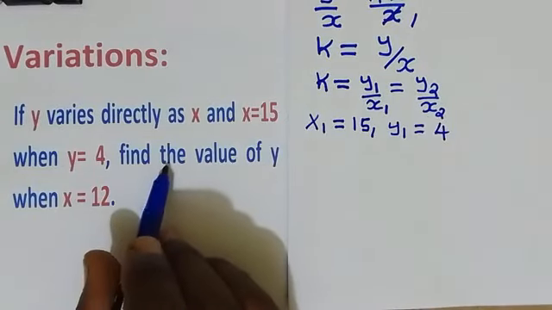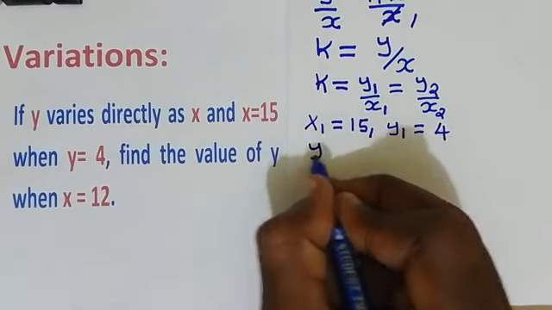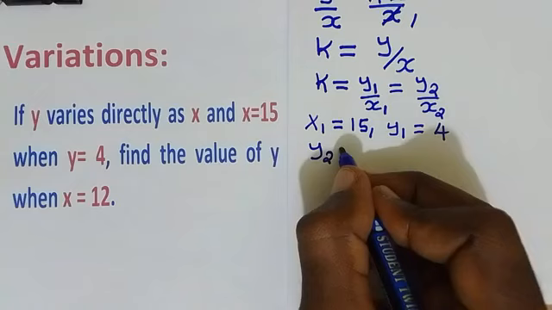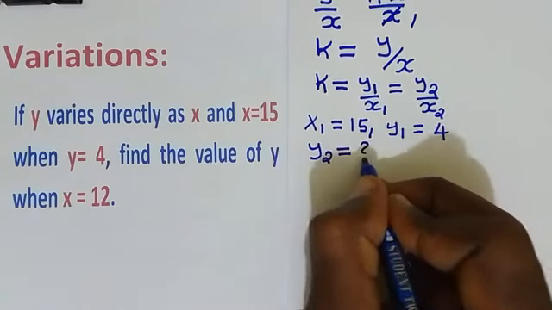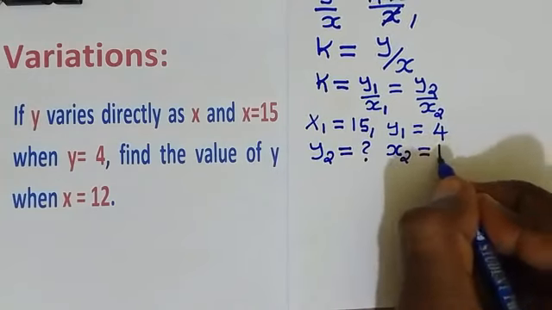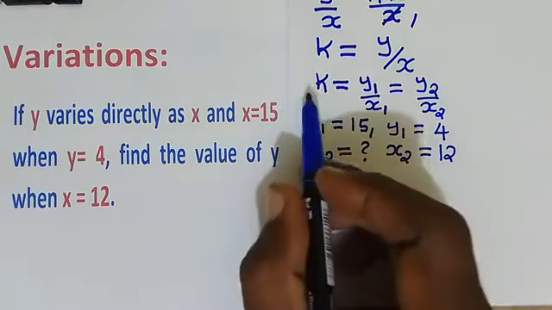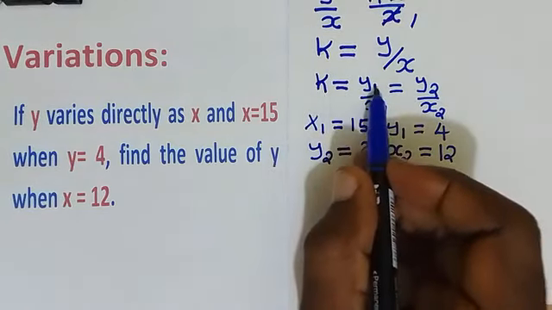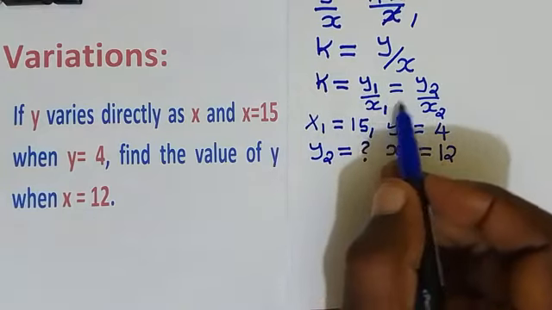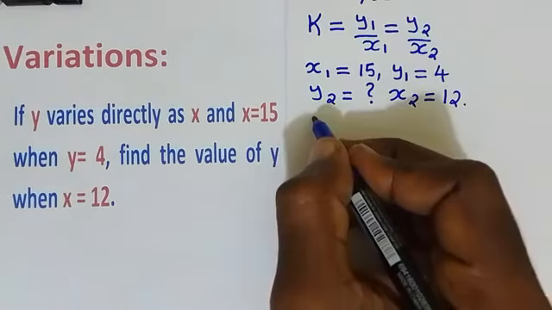They say find the value of y, so we need y2. y2 is equal to what when x2 is equal to 12? From our equation, k is equal to y1 over x1, which is equal to y2 over x2.